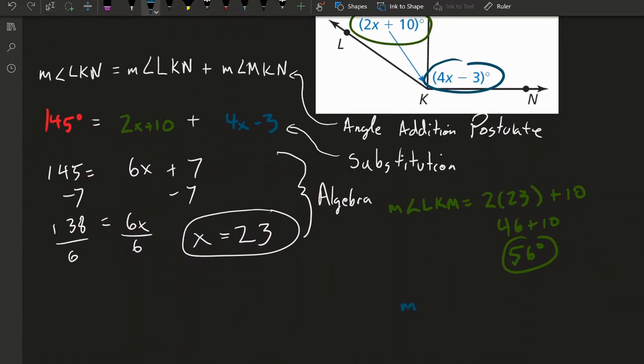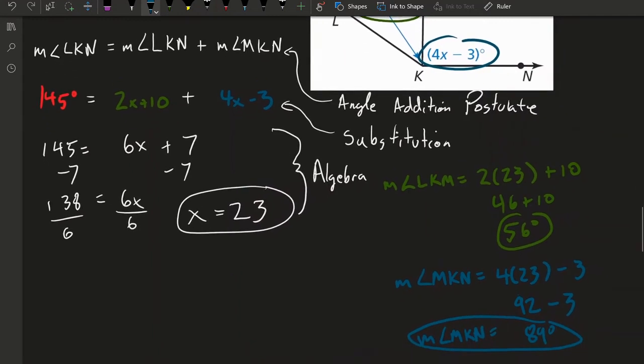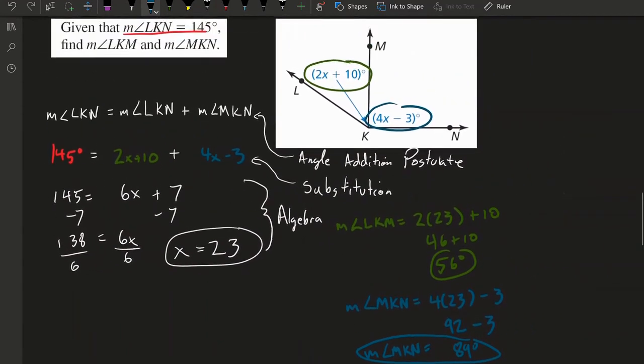So the measurement of angle MKN equals 4 times 23 minus 3, 4 times 23 would be 92, minus 3 would be 89 degrees. That's the end of this problem.